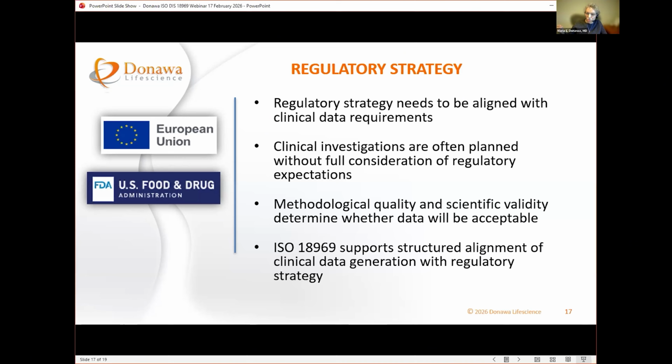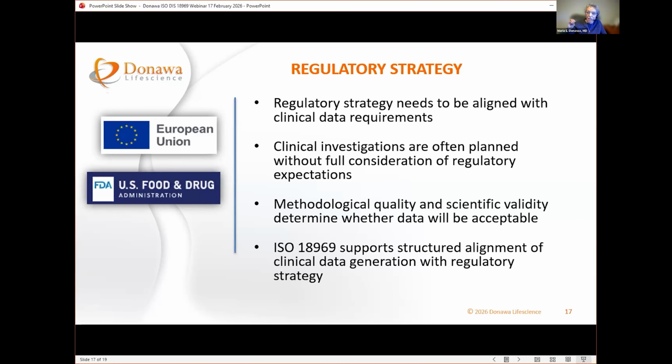additional information, but if it really is important and you are basing your CE marking, or even U.S. clearance or entering the market there, on it, methodological quality and scientific validity are elements, and there are lists.